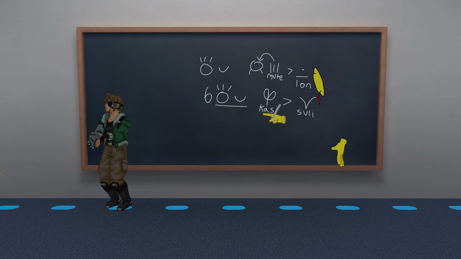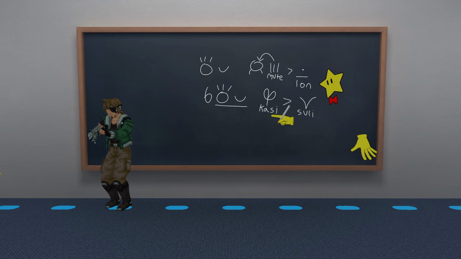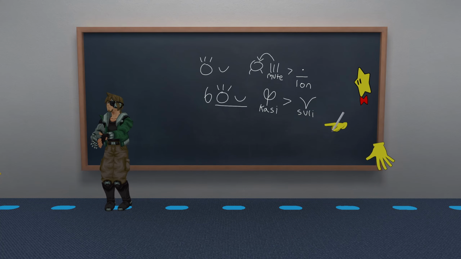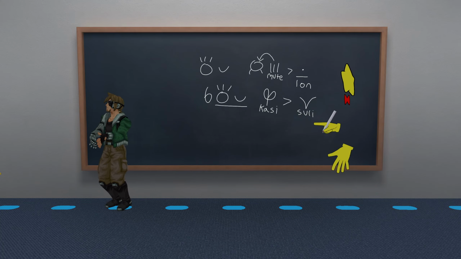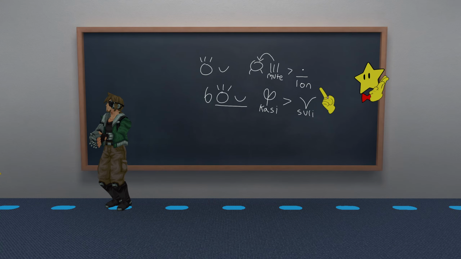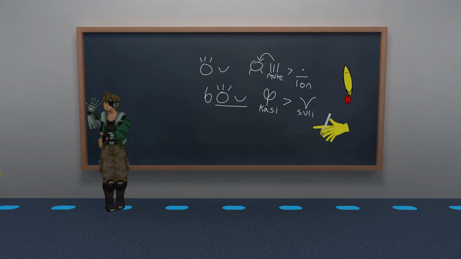So, kasi li suli, plant is large, or we're describing a plant and saying it is large. In other words, we could be looking up at a very tall tree and remarking on exactly what we see. Kasi li suli. The plant is large. The tree is huge.